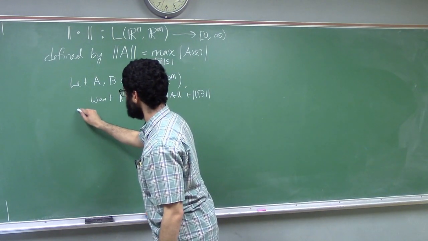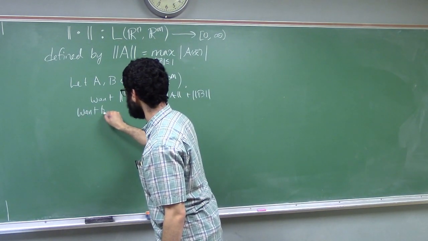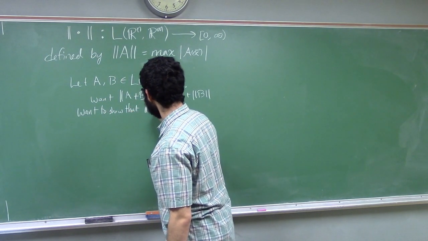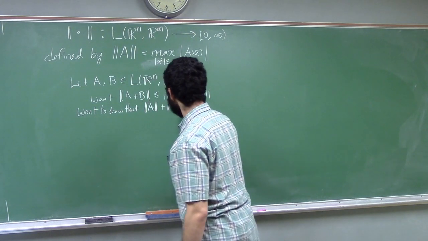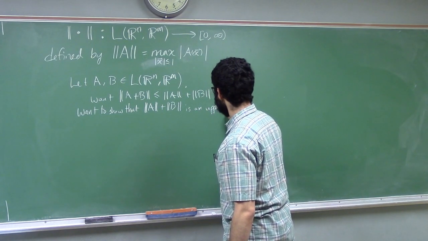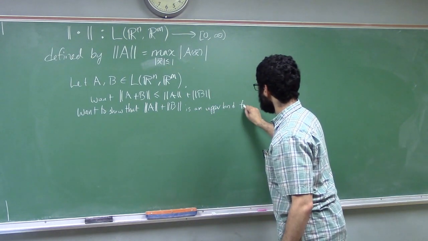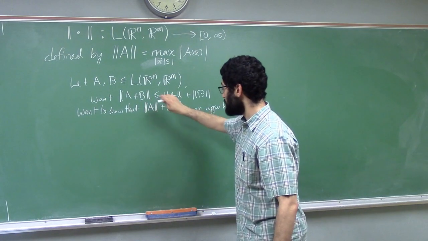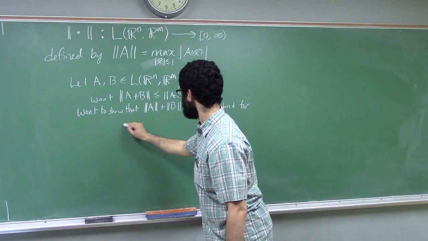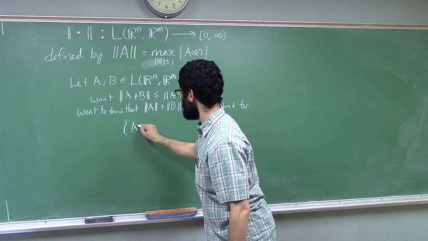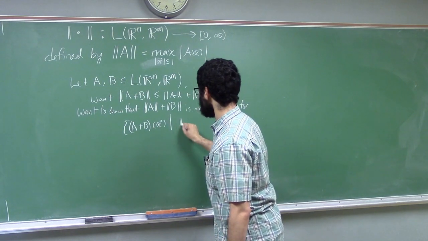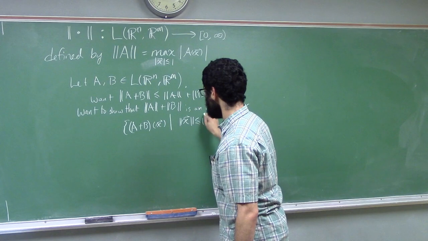So I want to show that this is an upper bound for what set? The set whose max I'm taking to define this thing. So the set of A plus B applied to X, running over X in the unit ball.